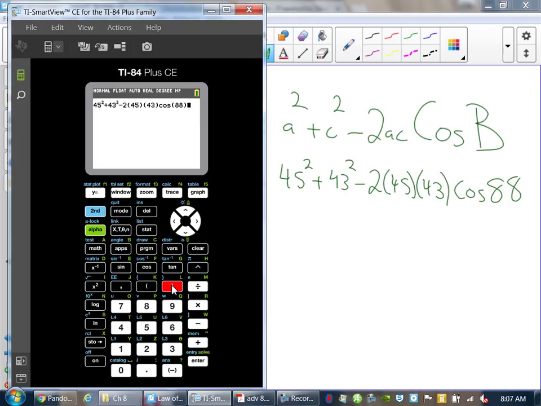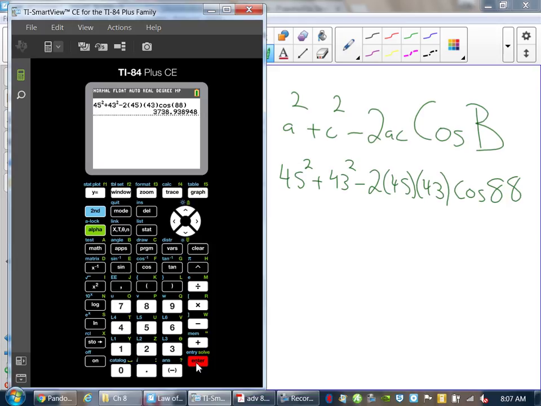Doesn't that look exactly like what I just wrote out? What do you think I press now? Enter. So what does that equal? B squared.